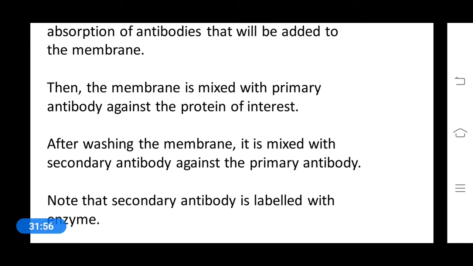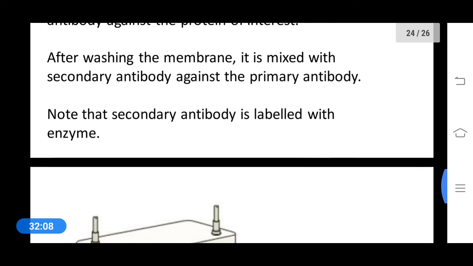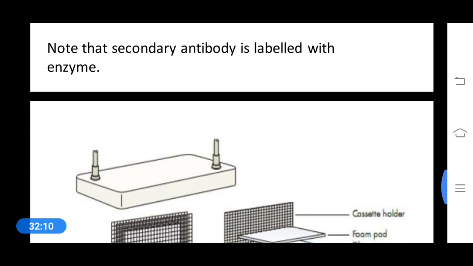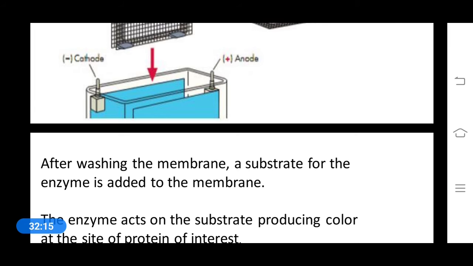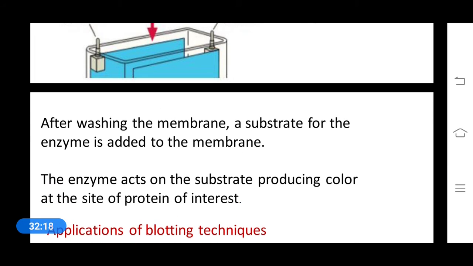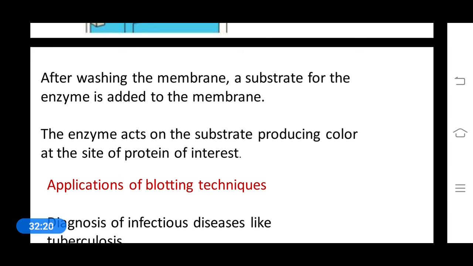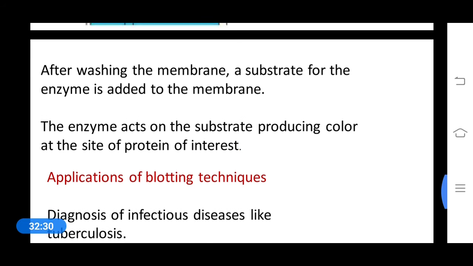Primary antibody is added, and again a washing step will be there to remove the excess primary antibody, and secondary antibody labeled with enzyme is added to the particular protein. And after washing the membrane, a substrate for the enzyme is added to the membrane. The enzyme acts on the substrate, producing color at the site of the protein of interest.